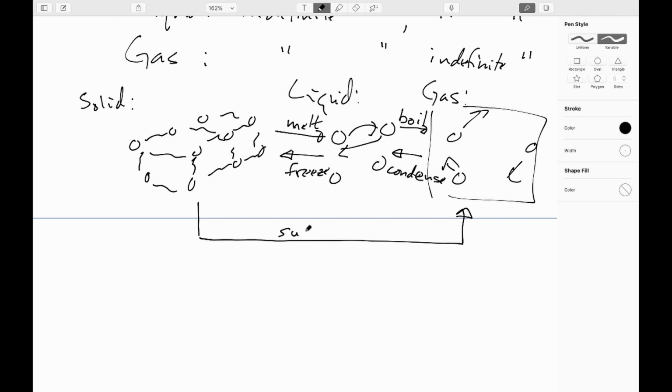That process gets called sublimation. And the reverse process, if you transfer enough heat out of the gas to make a solid directly, that gets called deposition.